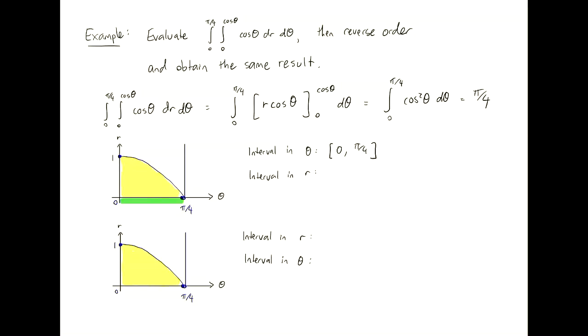So the geometry you do your integral in doesn't necessarily have to be the physical geometry represented by the coordinate system. In fact, when you have an angular variable, often it makes sense to think of it as a rectangle in that angular variable. Just trust the numbers. And the interval in r goes from 0 to cos theta.